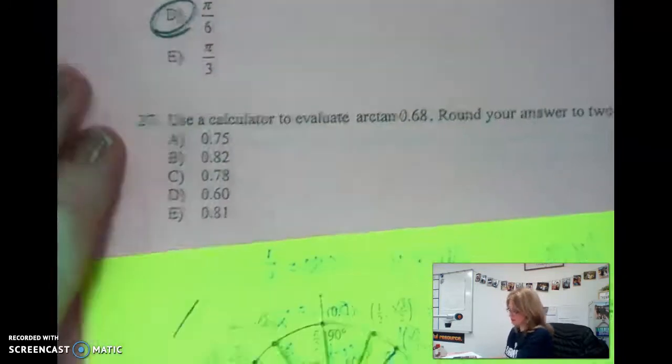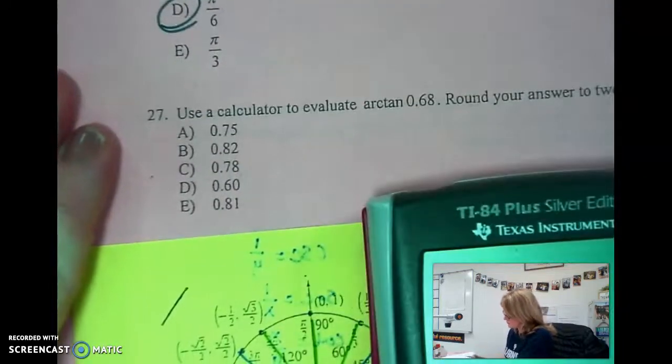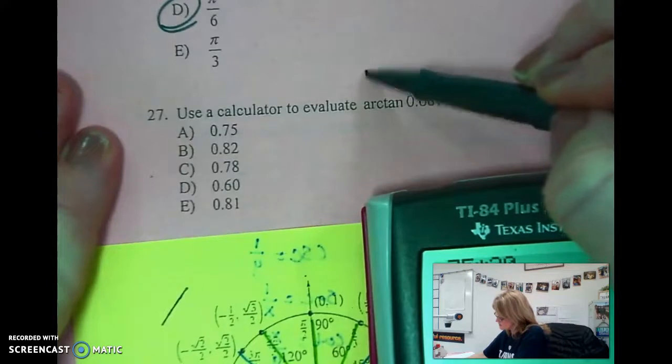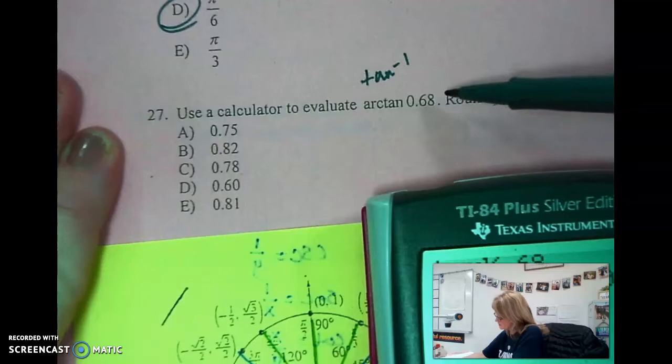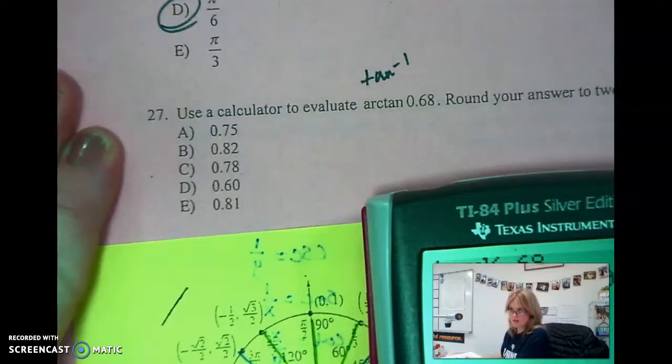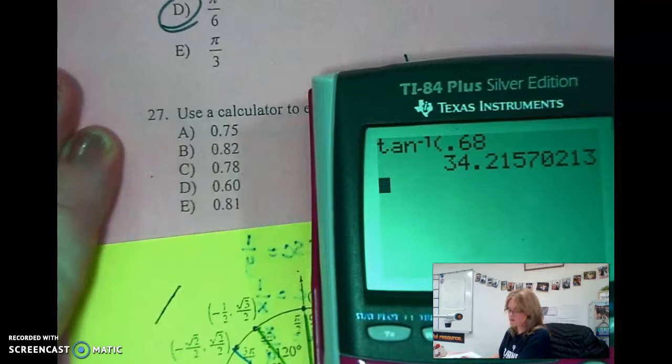Using your calculator to evaluate the arc tangent, remember that is just the same as saying inverse tangent. So the inverse tangent of 0.68. Now, do you see a degree symbol here? I don't, but my mode must be in degrees because none of these match.